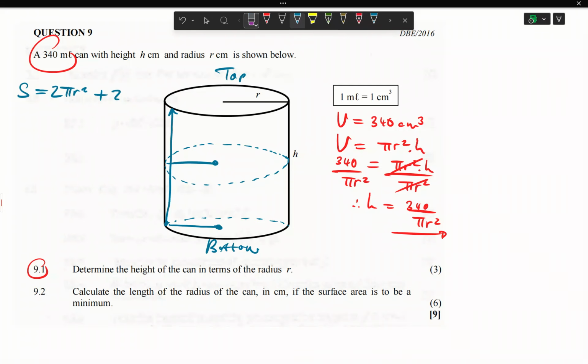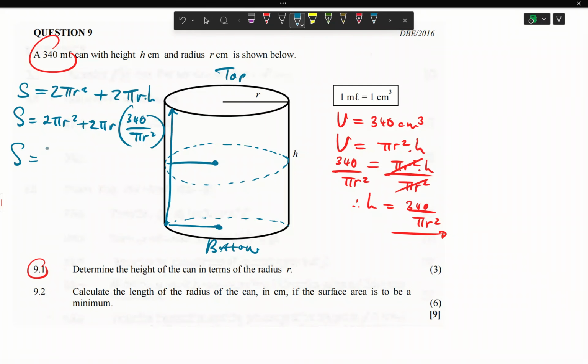Let me write this nicely. So this is 2 pi r multiplied by h. So now the surface area is 2 pi r squared plus 2 pi r, and the h is 340 all over pi r squared.